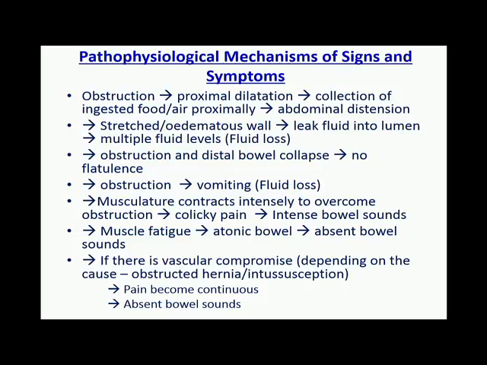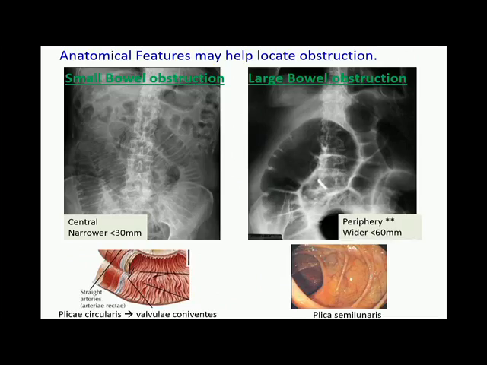That is continuous ischemia, and that is not a good sign. He is now developing bowel ischemia. After a while, the patient might say, oh, I'm all right now, because there's no more pain. It's all necrotic, and they have no bowel sound at that stage. Those are some physical signs and clinical features of intestinal obstruction.